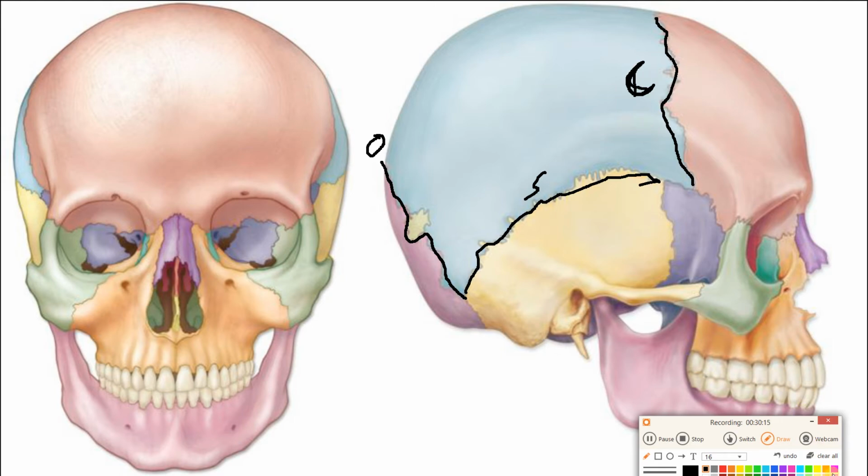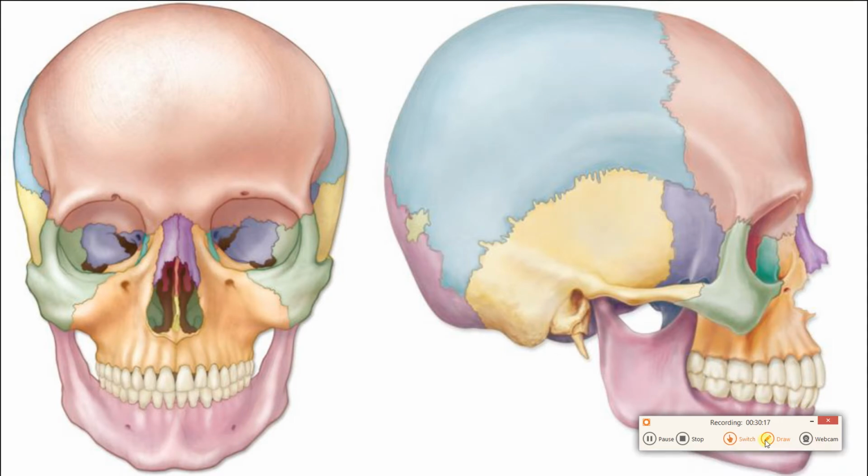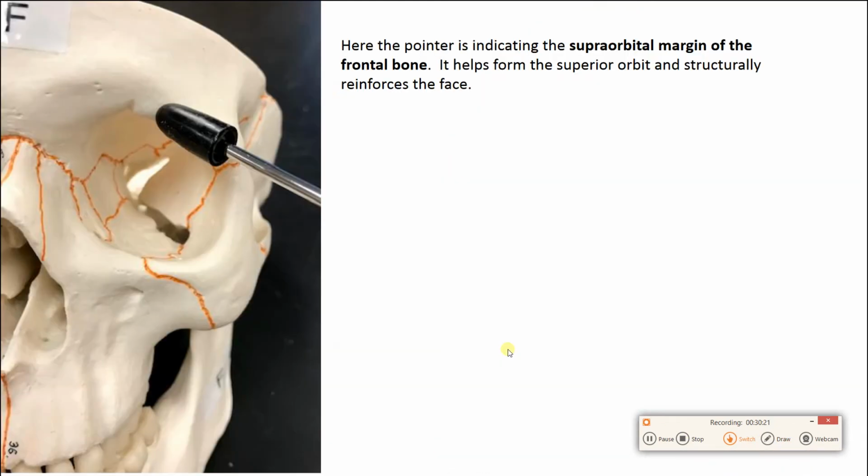Okay, excellent. We still got to do some bones, right? I know, there's a lot to do today. All right, what we are going to do is zoom in on the frontal bone and start looking at its parts. This is the frontal bone, right above the orbit. Think about where your eyebrow is. Touch your eyebrow, and find that ridge of bone right underneath it.